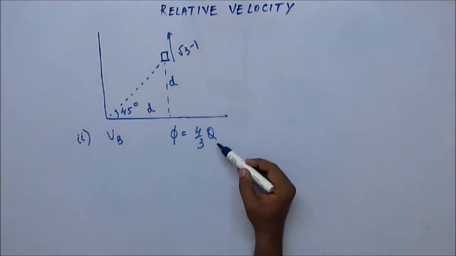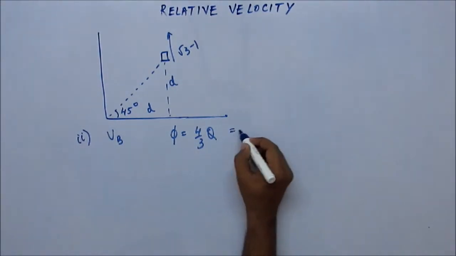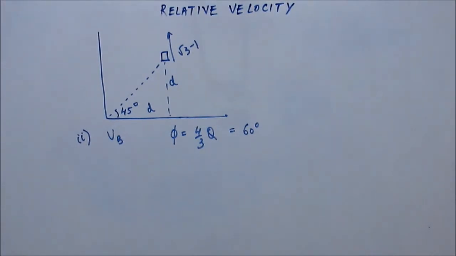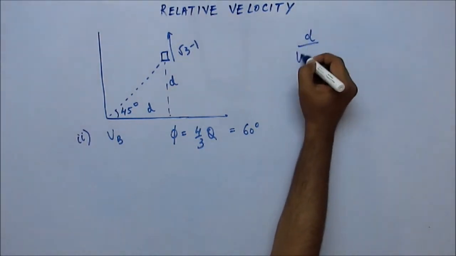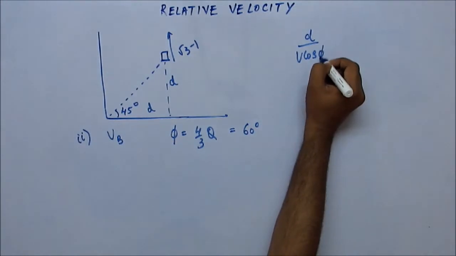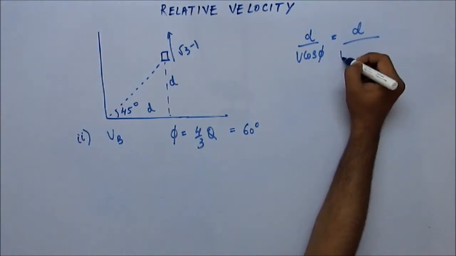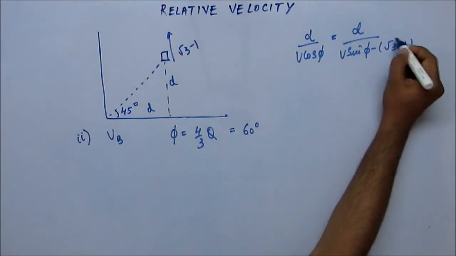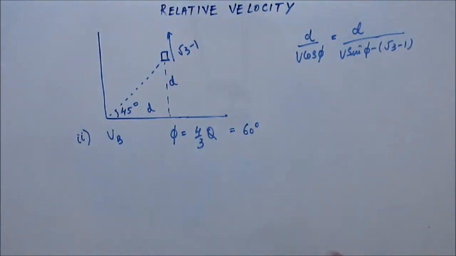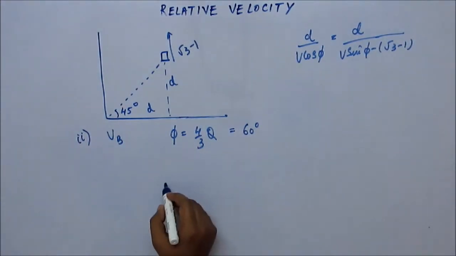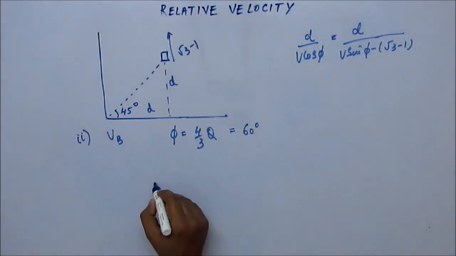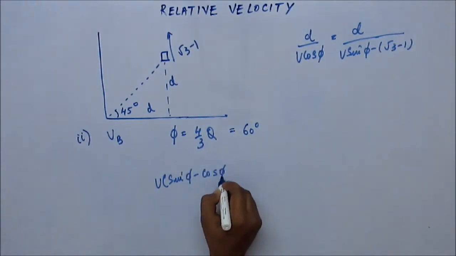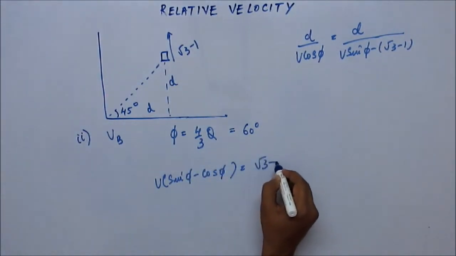Okay, theta you have found out as 45 degree. The phi will come out as 60 degree. Now there is one equation of constraint here, and that is d upon v cos phi is equal to d upon v sin phi minus root 3 minus 1, as we discussed in the previous part. So from here we can see that v into sin phi minus cos phi is equal to root 3 minus 1.